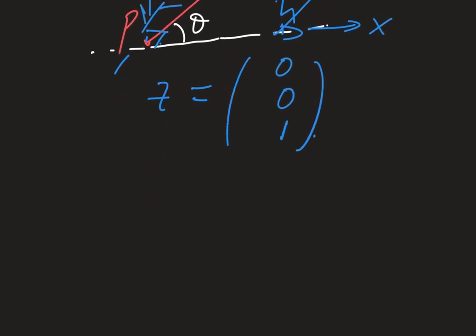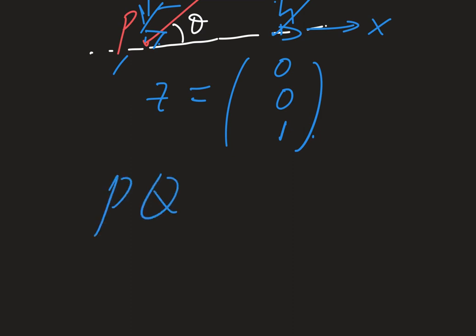So if PQ dot the normal vector of Z, look at the fundamental formula that we had.